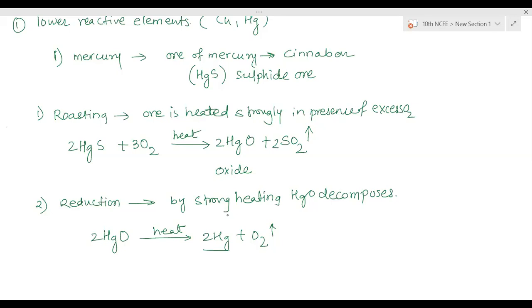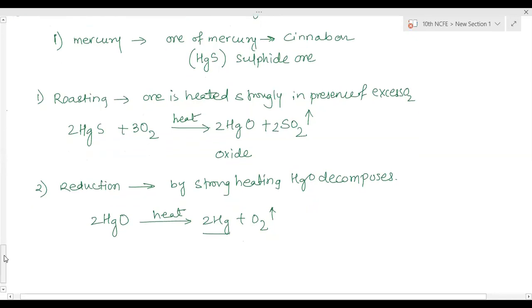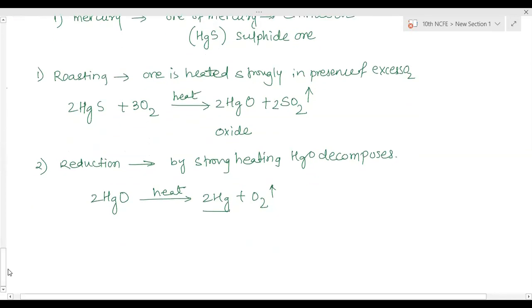These are the two-step extraction of mercury, asked for 2 marks along with balanced reactions. Written down? One minute. How is refining done?